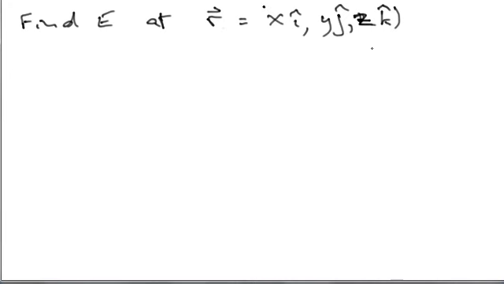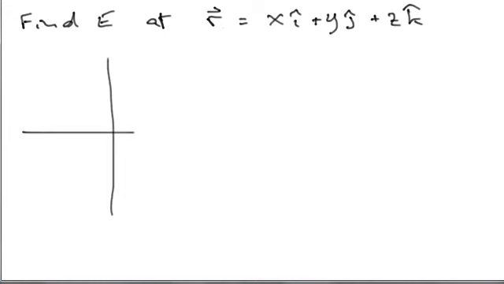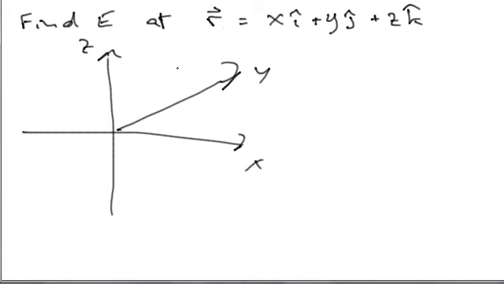Well, these should be pluses. So here's our idea. It'll be x, y, z. Here's the point P where I want to find it. It's up here at a distance r from the origin.